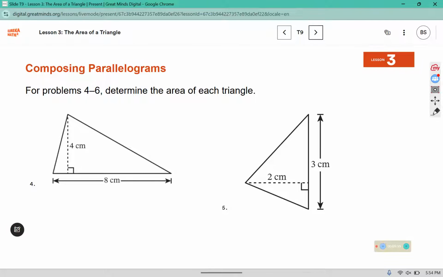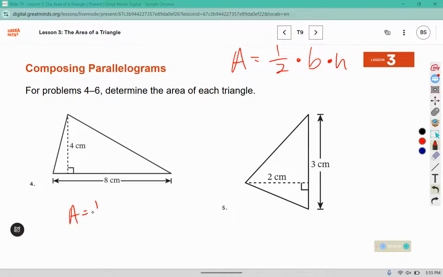For problems 4 through 6, determine the area of each triangle. Remember, just because the base and height may not be on the bottom and going up vertically, the base and height still have to form a right angle. So we have the formula half times the base times the height.